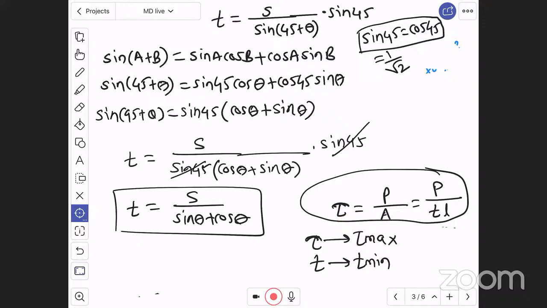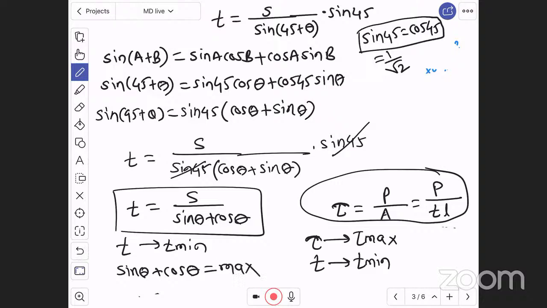Therefore, the failure will be whenever this thickness is minimum, and this thickness will be minimum when the sin theta plus cos theta becomes maximum, right?